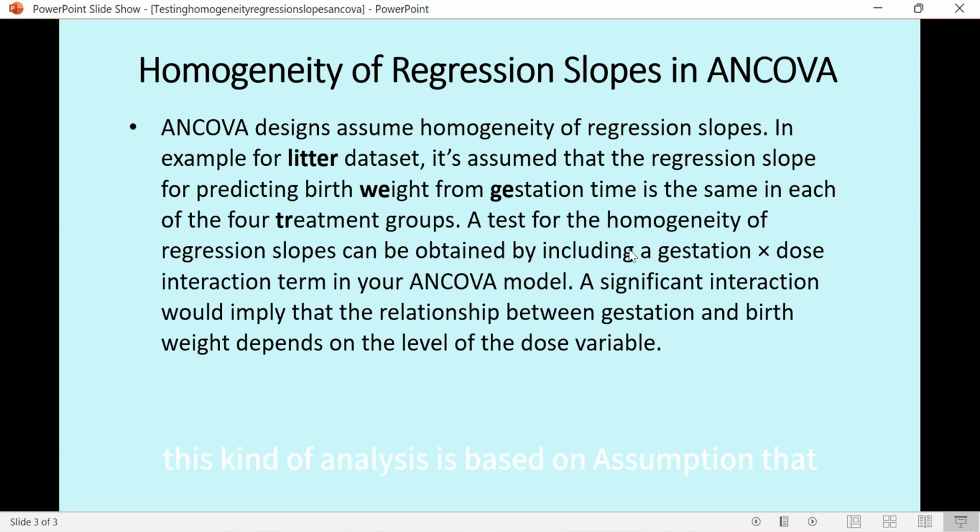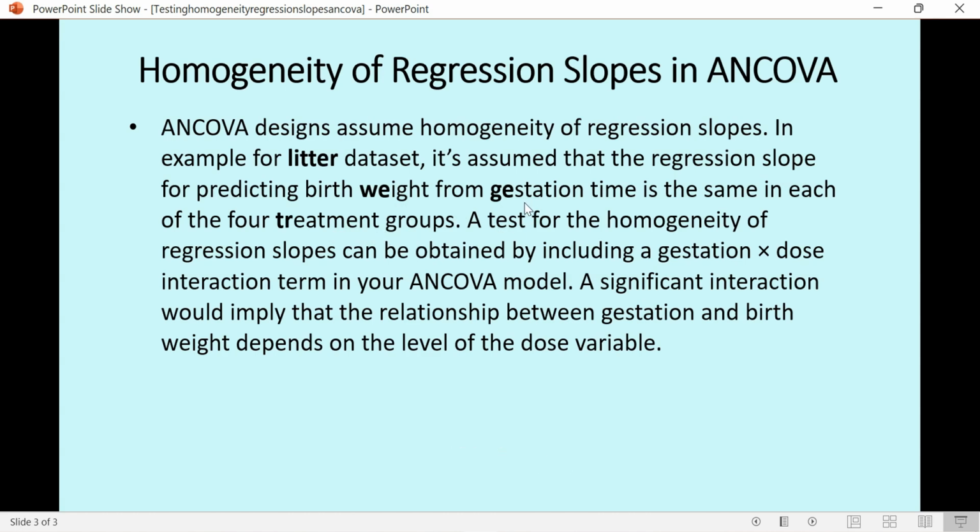This kind of analysis is based on the assumption that there is homogeneity of regression slopes. This means that for each treatment group, the gestation on weight has almost the same regression slope, so its effect on the weight is the same for each treatment group.